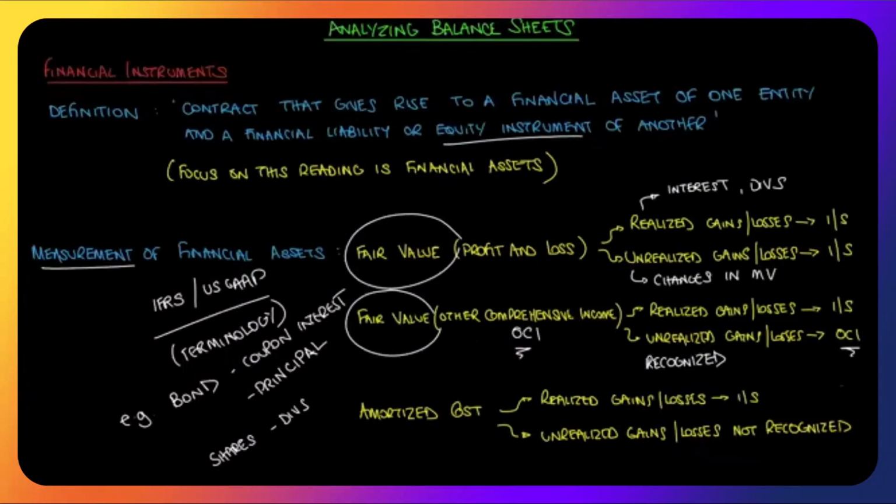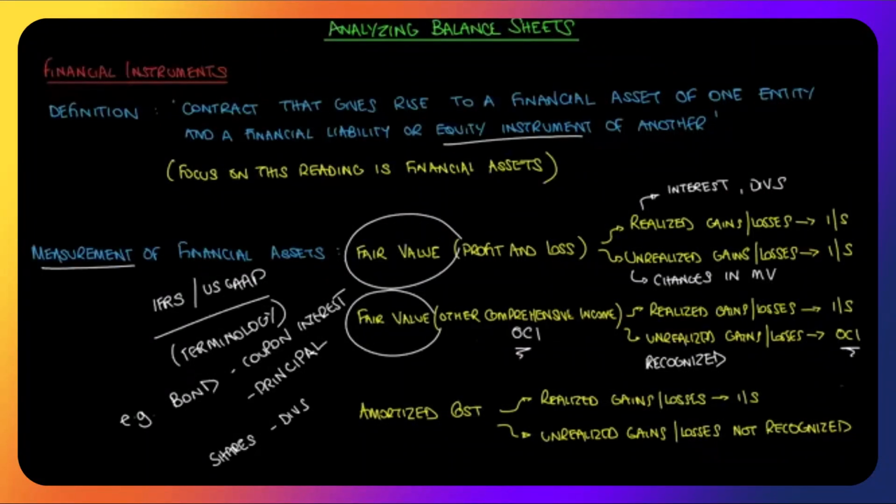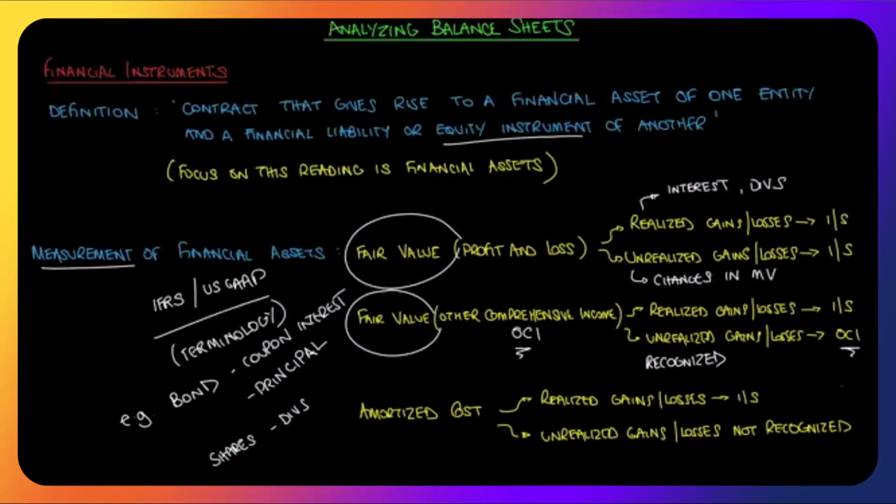So I don't want to see that noise going through my income statement. I'm unlikely to ever realize those changes in market value. Don't put it through my income statement. Tuck it away in OCI. I want to show the value because it's an important part of my asset base. If it does fall dramatically, maybe it wipes out a huge amount of assets, maybe I can no longer cover my liabilities. So you need to see its value, but I don't want the noise in the income statement.